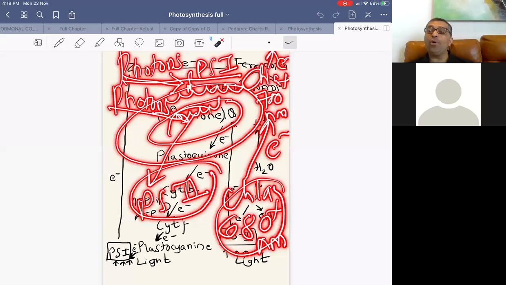Now who will get ionized first, PS2 or PS1? PS2 chlorophyll A 680 at 680 nanometer wavelength will get excited and electron निकल जाएगा. And for 20 nanometer wavelength more, means a fraction of a millisecond later, chlorophyll A 700 at 700 nanometer wavelength will lose electron and will get ionized.